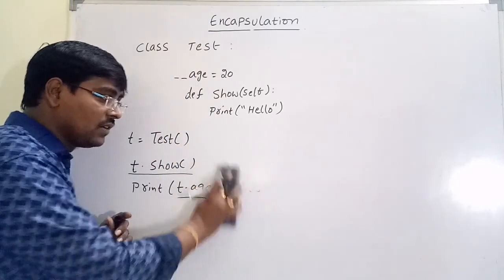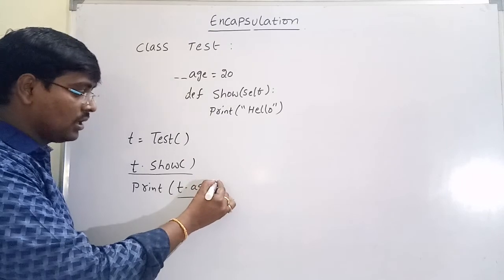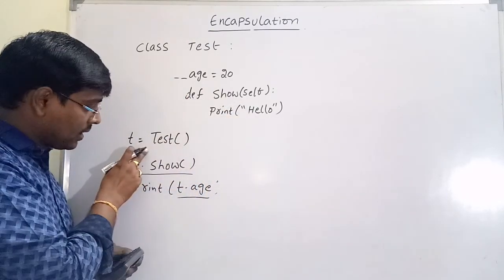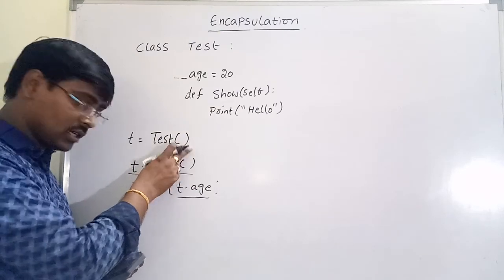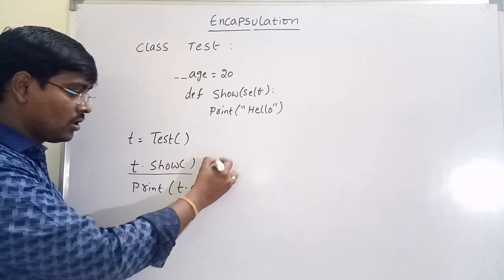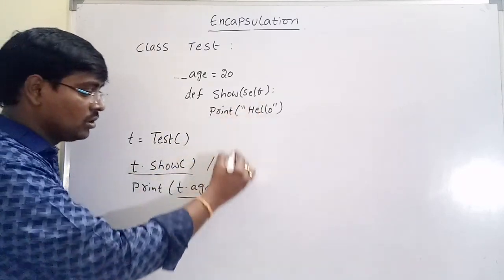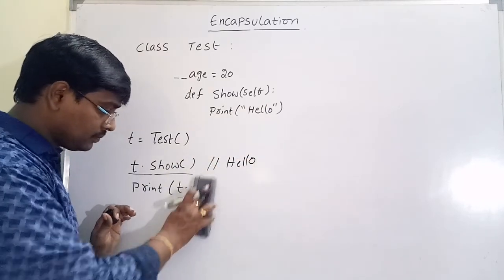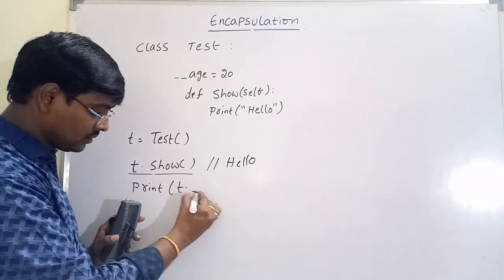Now the show method prints hello, and I create an object t is equal to Test of, then t dot show. What is the answer for t dot show? The result is hello. Then t dot age.